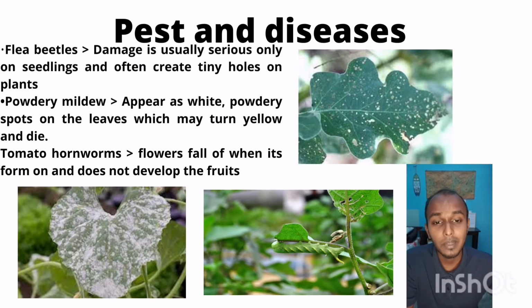The most preferable scale for the fertilization is 10 10 10, which is for potassium, phosphorus and nitrogen. Okay, the last thing is pest and disease control. Flea beetles, which mostly damage seriously only on seedlings, often create tiny holes on the plants, and it can prevent with remove carbon debris often and grow them under row covers until they are large. The next thing is powder.